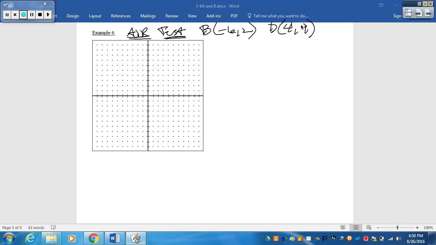Now you may be asking yourself, where's he getting these points? I'm just pulling them out of thin air, really. Just using some random points in the coordinate plane, because this works for all points, so it doesn't matter which points we choose. So negative 6, 2: negative 1, 2, 3, 4, 5, 6, up 2. There's negative 6, 2, that'll be B. And for D, 4, 9: 1, 2, 3, 4, up 9. D, 4, 9.